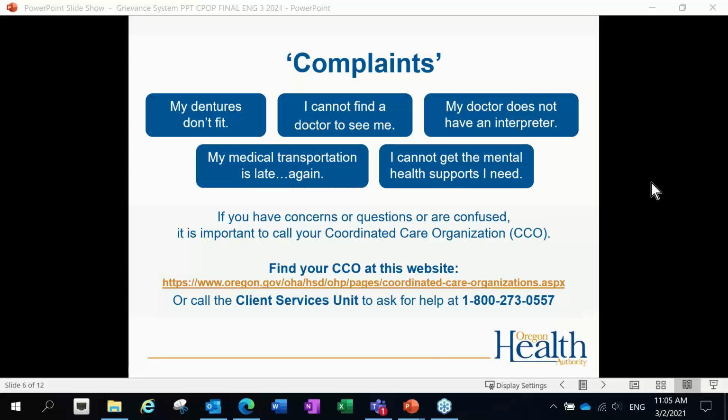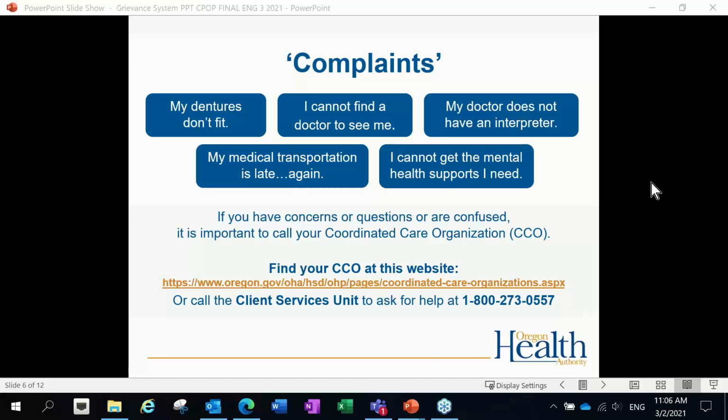So medical transportation to appointments is a covered service. But when there's a problem with that service, again, arriving late, that can impact the patient because their appointment could be canceled, or the clinic may refuse to see them in the future because of late arrivals.